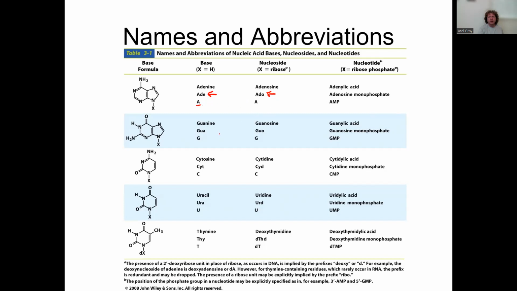Generally, A, G, C, U, and T are what are used to identify anything regarding sequencing of a DNA or an RNA molecule. If you know the base and you know that's a DNA molecule, here's what you need to know. The sequence is A, G, C, T, and so on.